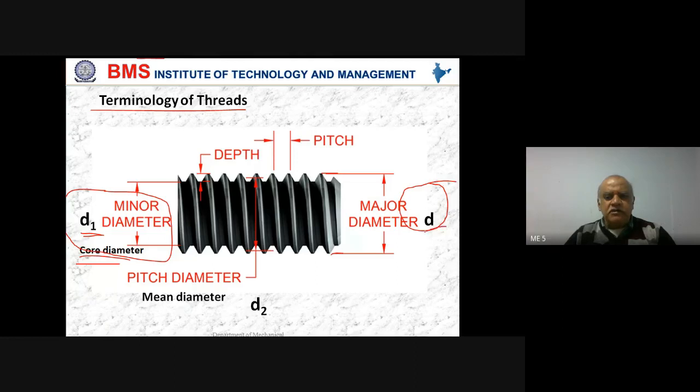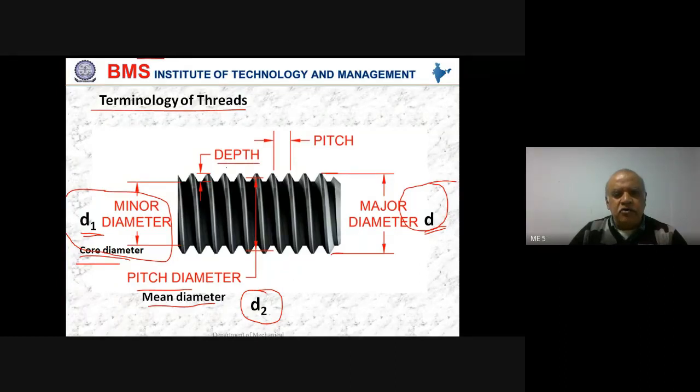And there is one more thing called pitch diameter, which is at the pitch circle of the threads. That's called pitch diameter or mean diameter, denoted by D2. The depth of thread is the difference between the major diameter and minor diameter.